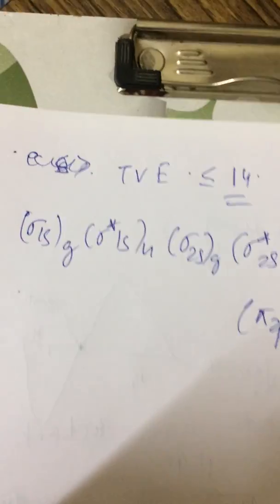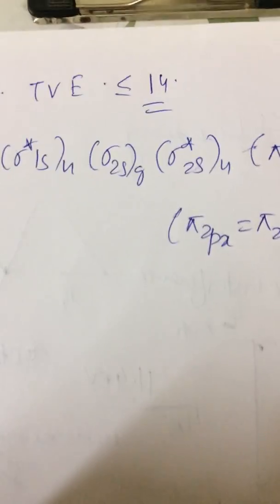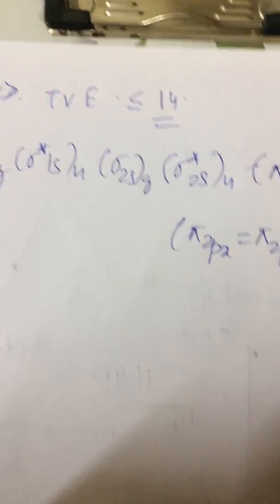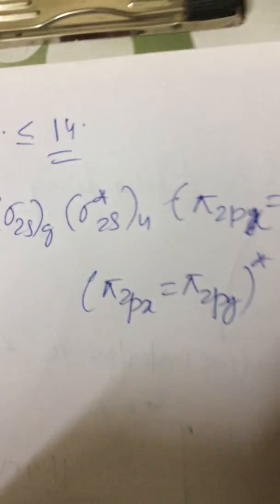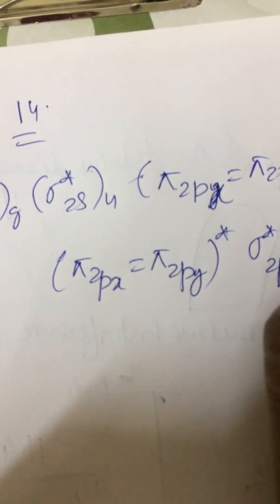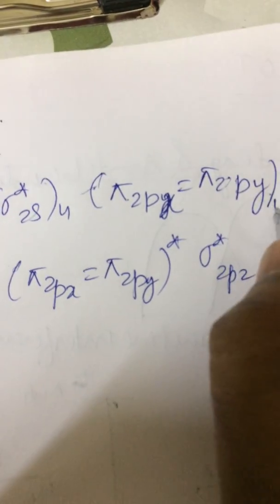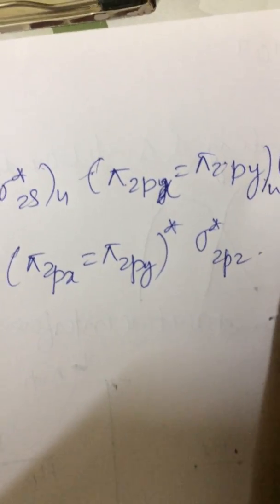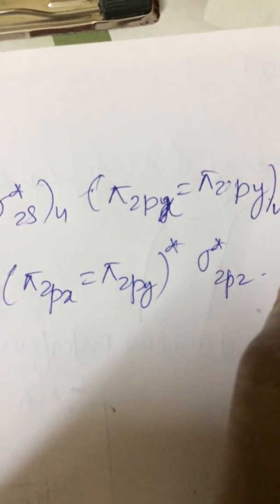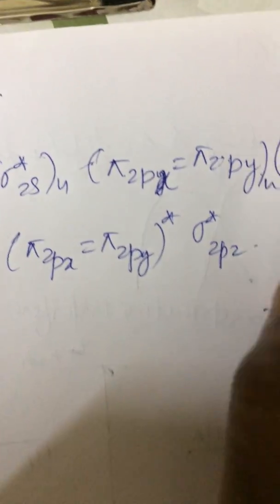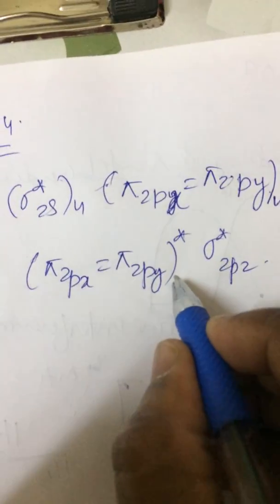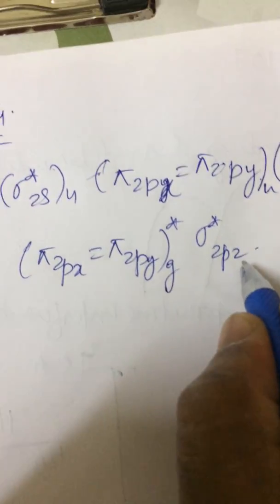So this is for less than or equal to 14 electrons. Here is ungerade, here is gerade, here is gerade, here is ungerade.